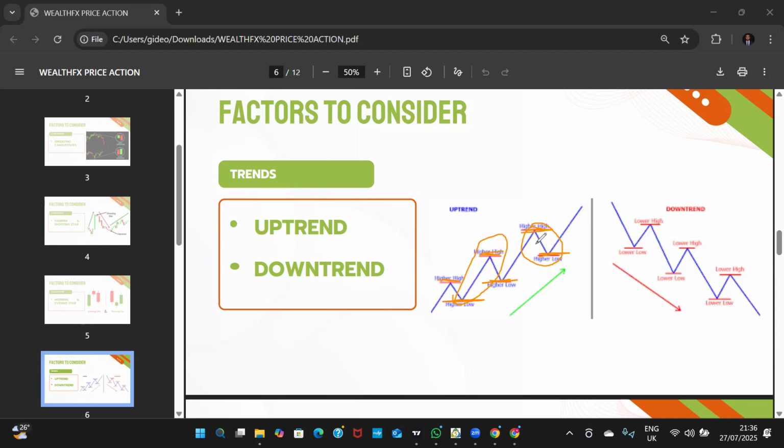Now, if I'm trading with the trend as well, because of the momentum of that trend, it is expected that I will cover a larger distance or larger price movement in a shorter amount of time. Now you notice the pullbacks, you have a whole lot of candles just within a particular zone. They are not really breaking out and they're not breaking below. Price just keeps maintaining that area.